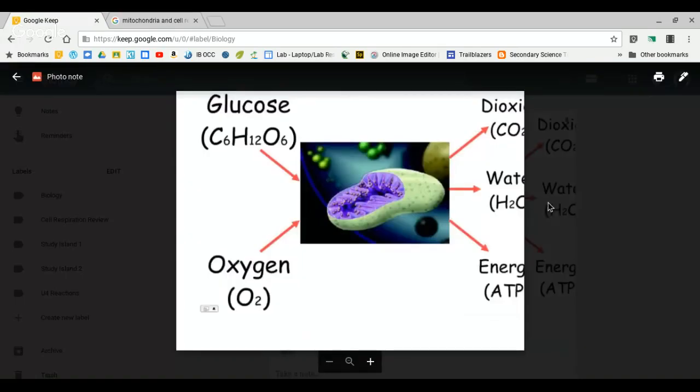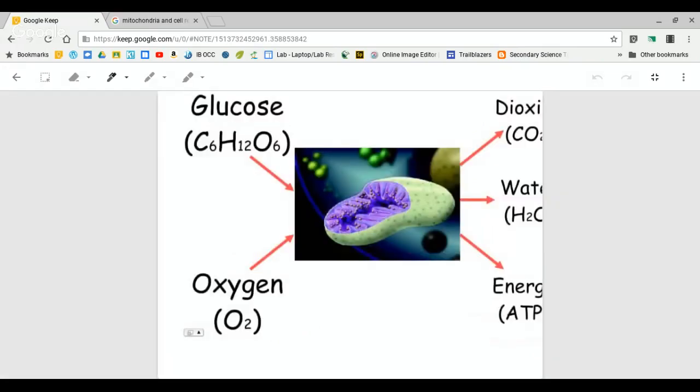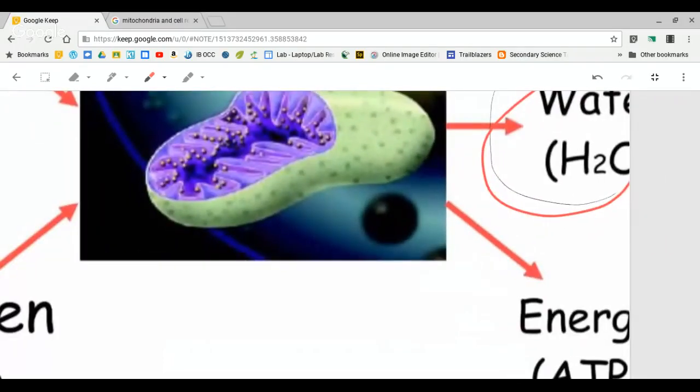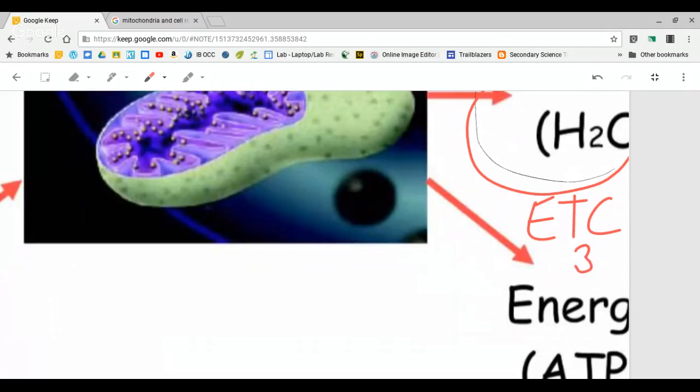It's cut off, but whatever, it'll work. So you got glucose going in. Michael was asking specifically about the water. What's going on with this water over here on the right? Why is water involved? Well, water is made in the electron transport chain. The last part of cellular respiration is called the electron transport chain. That makes a total of 32 ATP.